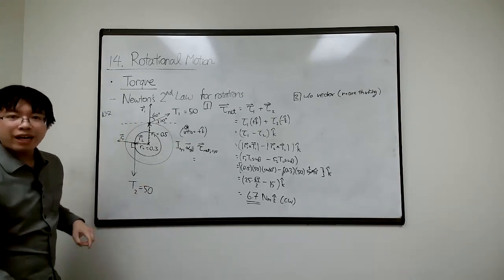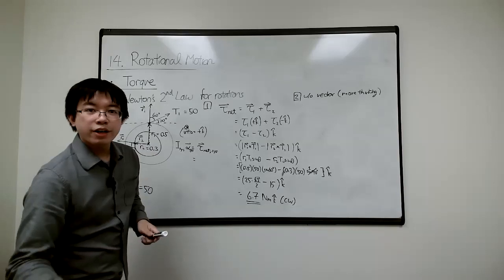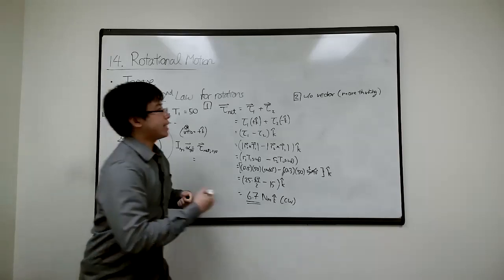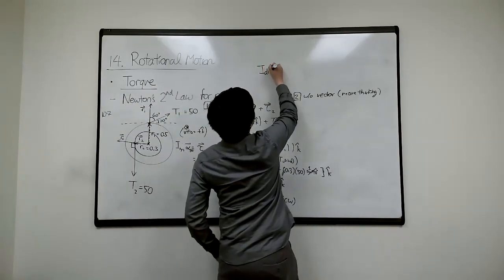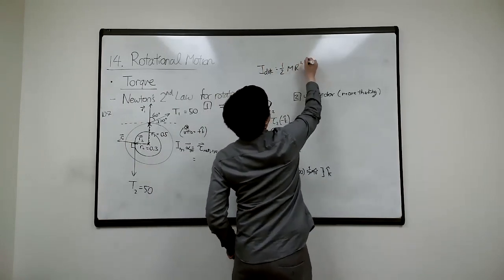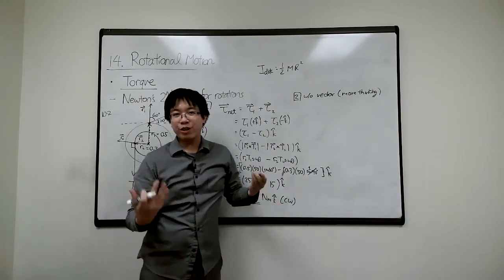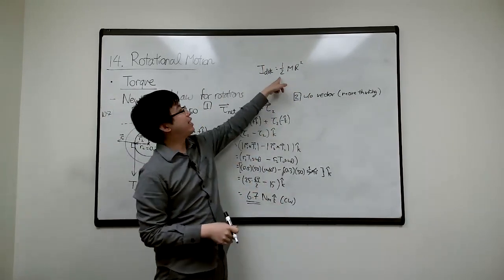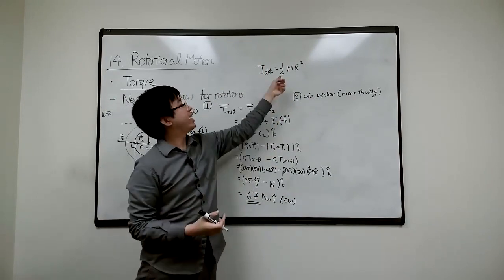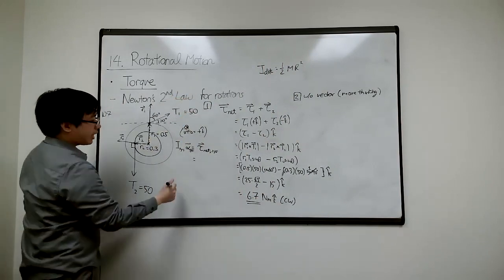So let me look up the formula for the moment of inertia for wheels again. Okay, so I've looked up, the I for a disk is 1/2 mr squared. It's very easy to forget the 1/2 or whatever it is. So this is the part where you will be given a table to look up. All right. So for this, that's the moment of inertia.